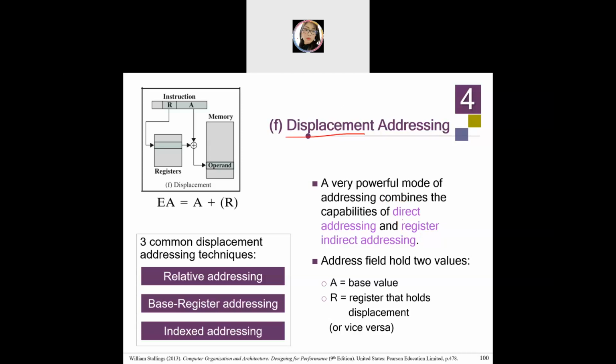So you can see between direct addressing and register indirect addressing. Maybe we just change it, we put direct addressing and indirect addressing, so you need to know whether it's true or not. So the address field has 2 values, A as a base value and R as a register that holds the displacement, or vice versa. This one is theory only; you need to know it in terms of the example.